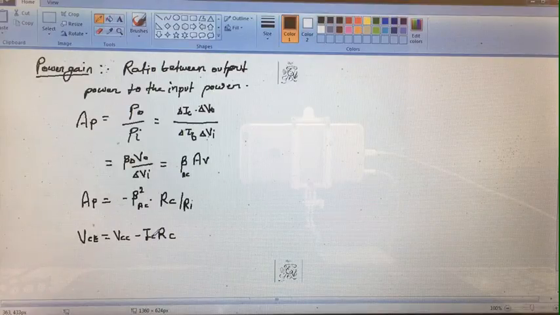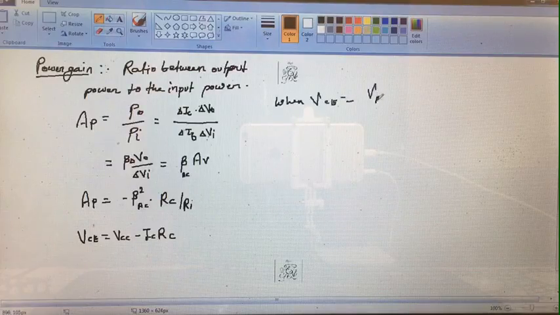This is not so because in this case VCE decreases, and when VCE becomes less than VBE, both the junctions will be forward. In this case the transistor is in saturation stage and can no longer be used as an amplifier, because when we are increasing the value, in that case VCE becomes equal to VBE, so both will be forward.